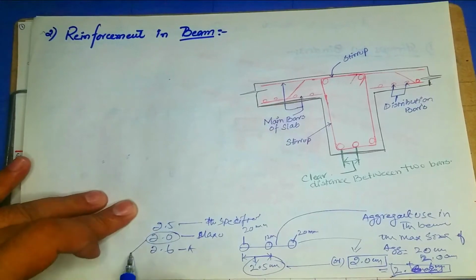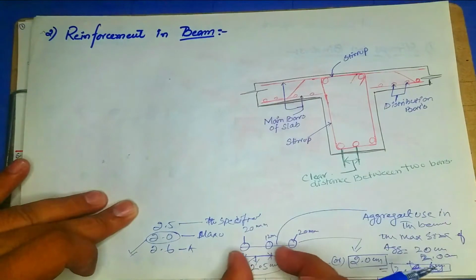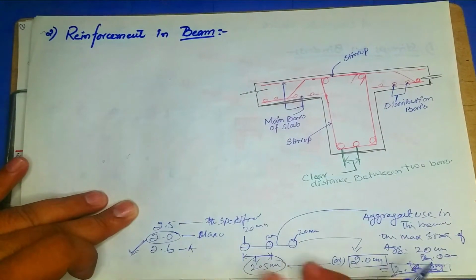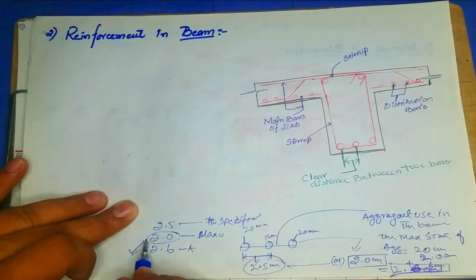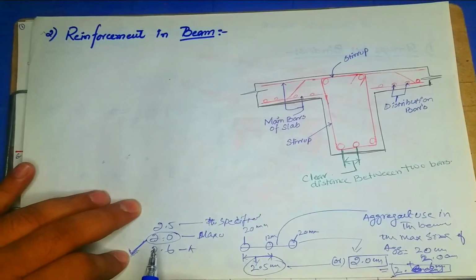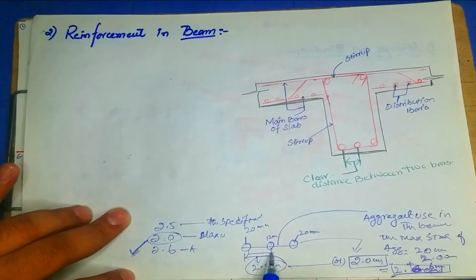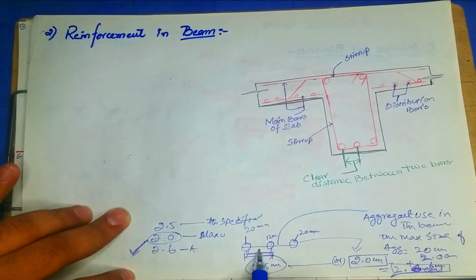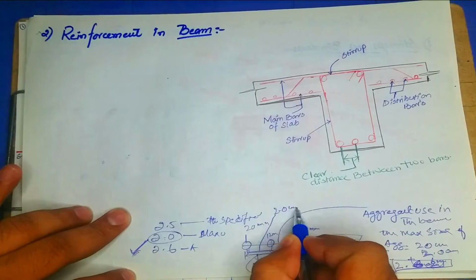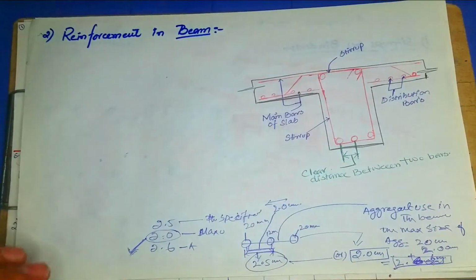We cannot place these two bars from each other at less than 2.0 centimeter. It means the distance between these two bars must not be less than 2.0 centimeter.